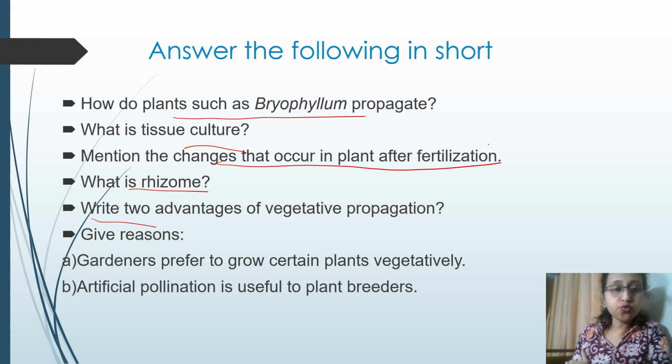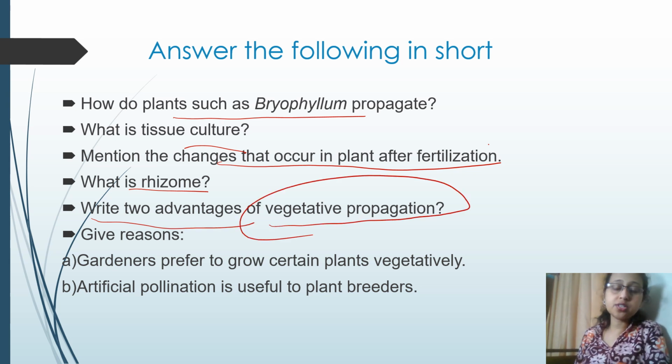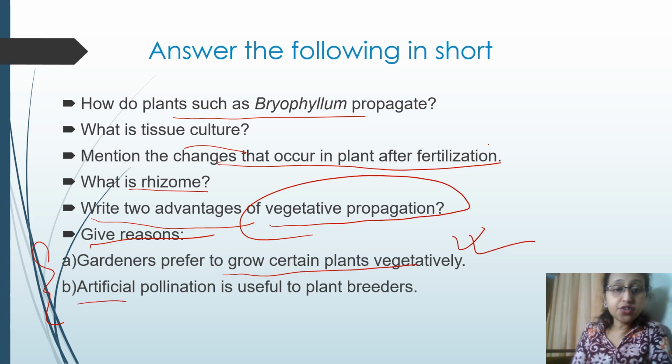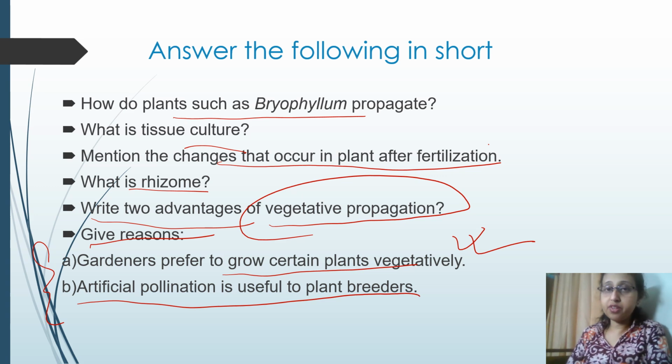Next one is, write two advantages of vegetative propagation. So these are all direct questions and all are there in your textbook itself. Just go through it, take your notebook and write the answers. Now these are the give-reasons questions. Gardeners prefer to grow certain plants vegetatively. Why? And artificial pollination is useful to plant breeders. So this too we will be discussing now.